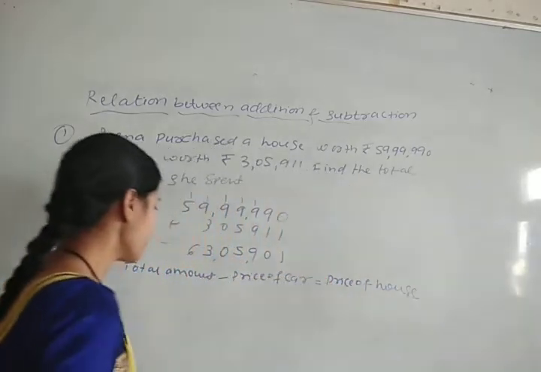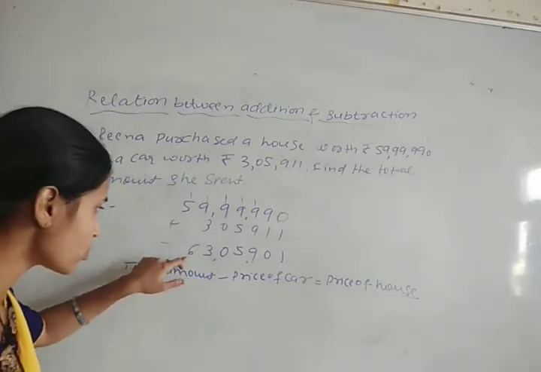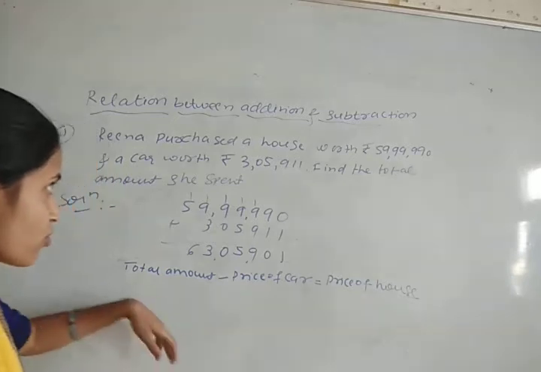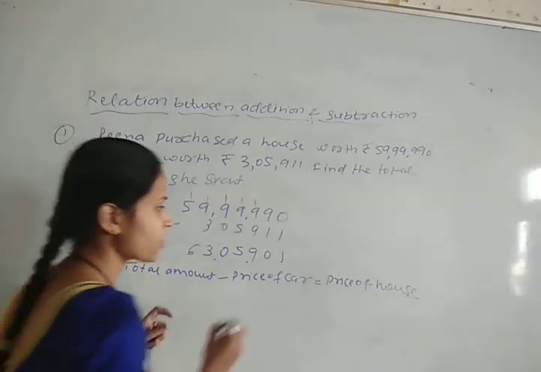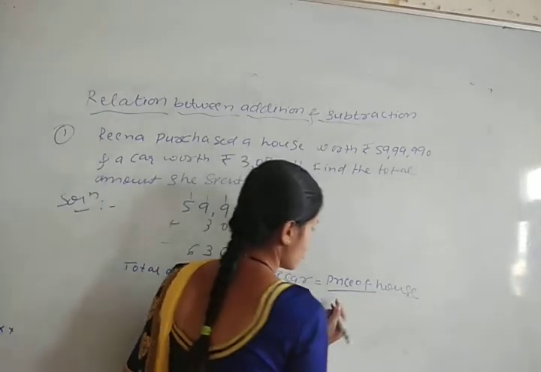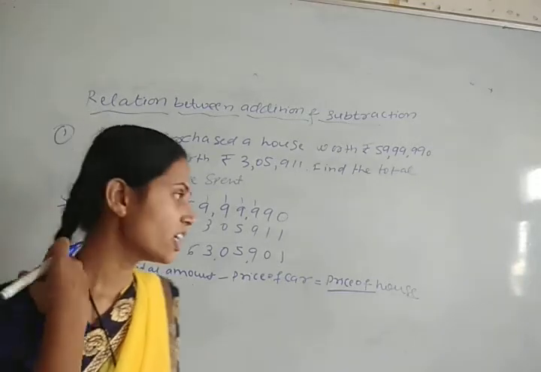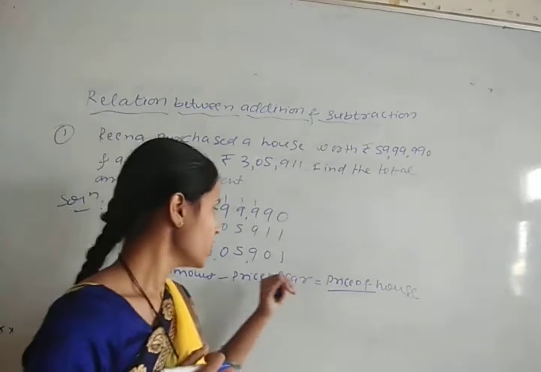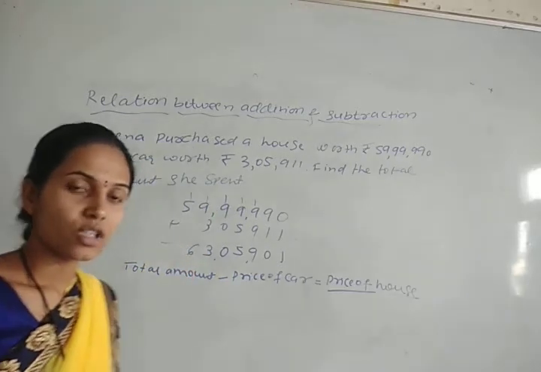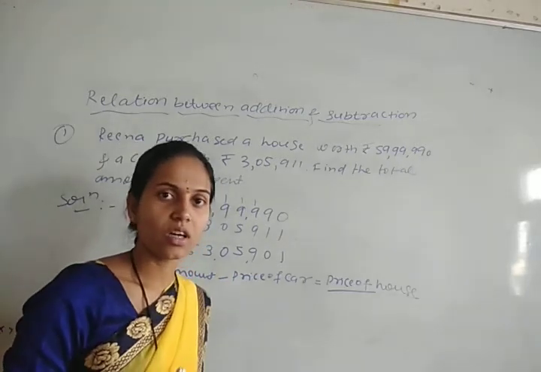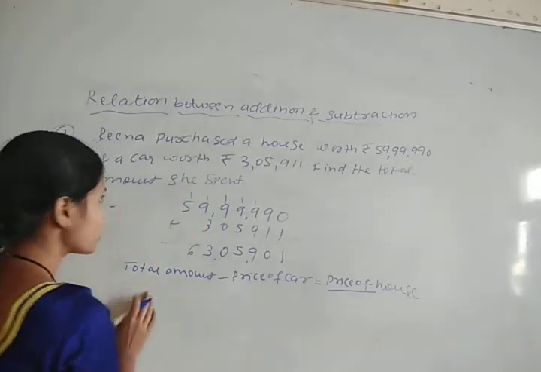From this total amount, if you subtract the price of car, which is 3,05,911, you will get the price of house. If after subtracting the price of car from the total amount you get the price of house, then the result we have got is the cross-checked, correct one.